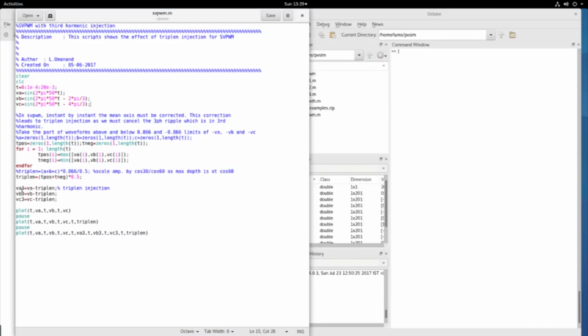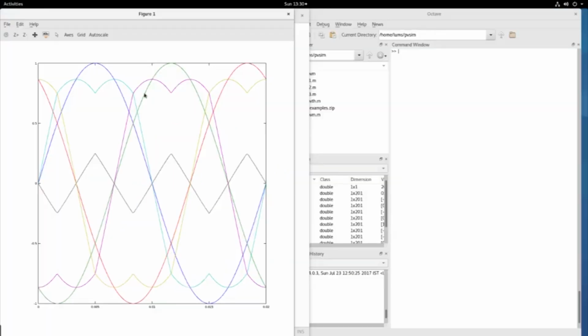What I do is, the triplen-injected VA, VA3, is VA minus triplen, VB3 is VB minus triplen, VC3 is VC minus triplen. So now VA3, VB3 and VC3 contain the triplen. If you plot that, you get something like this.